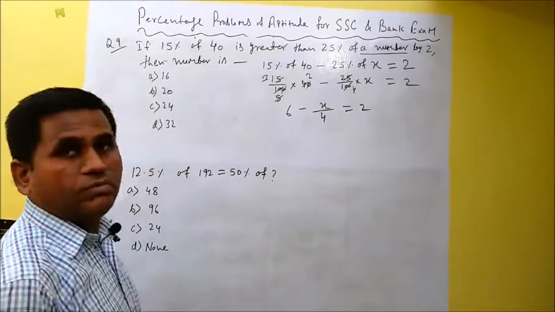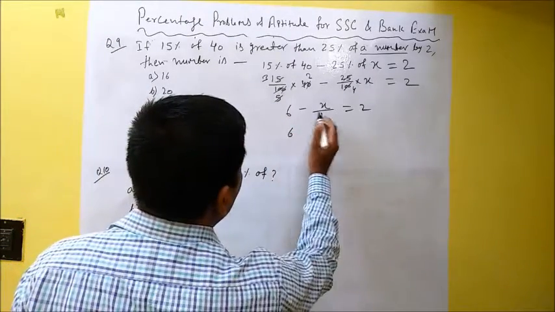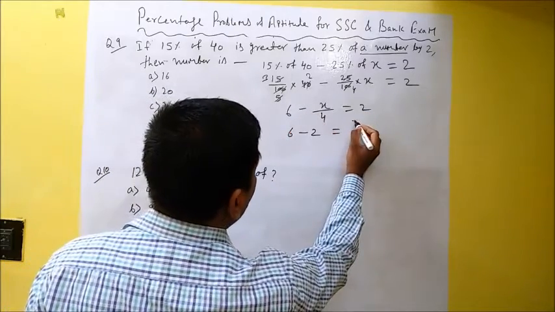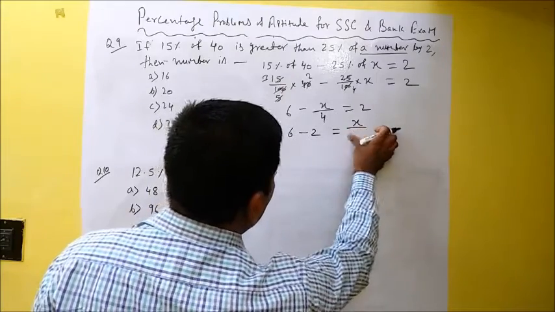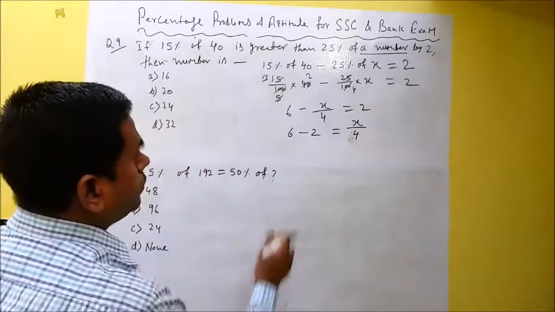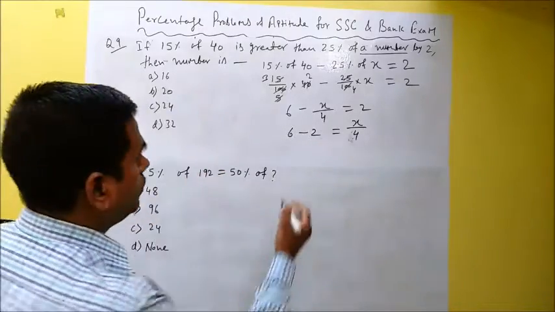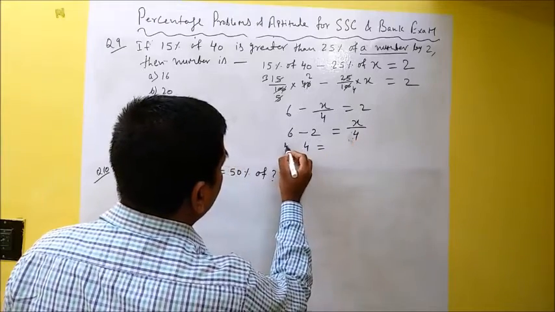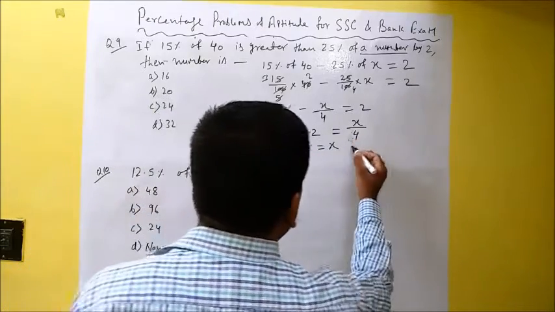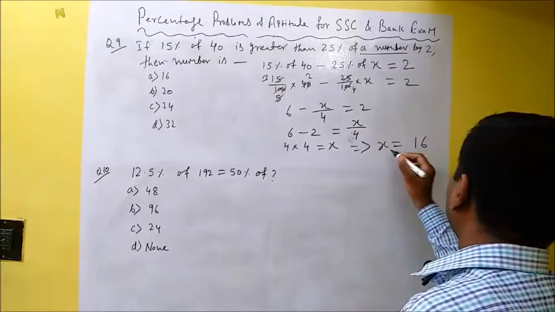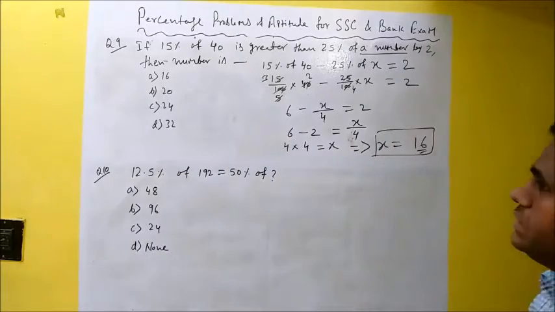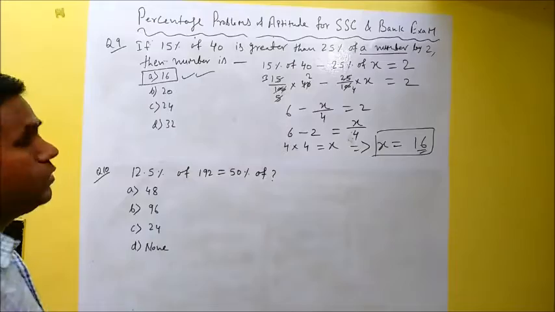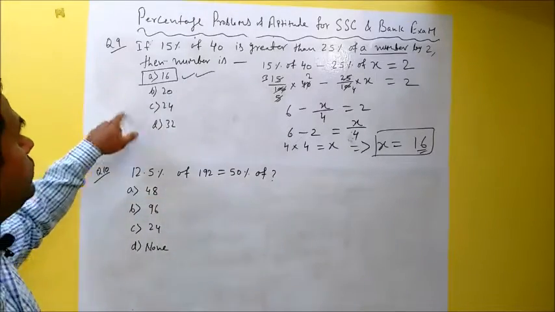Let's bring this to this side: 6 minus 2, and if it goes that side it becomes plus x upon 4. So 6 minus 2 is 4, equal to x upon 4. This 4 we send here, so 4 into 4 is equal to x. This gives us x is equal to 16. Now let's see whether 16 is there in the options. Yes, the first option is 16. So this is the answer for question number 9, which we have solved.